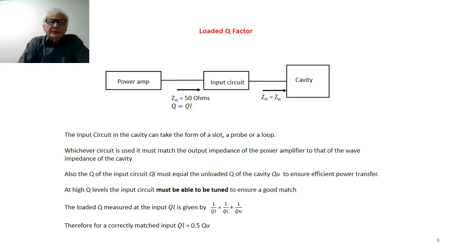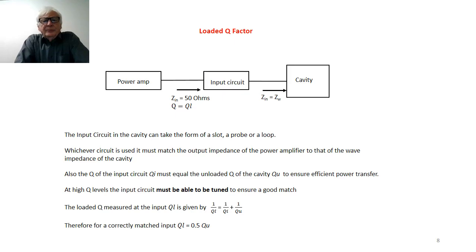So now we look at what loading a cavity actually means. And the biggest loading that you get on a natural cavity is the input circuit.